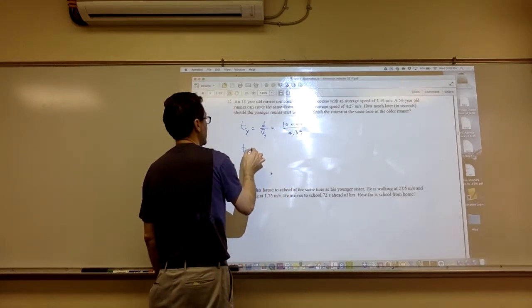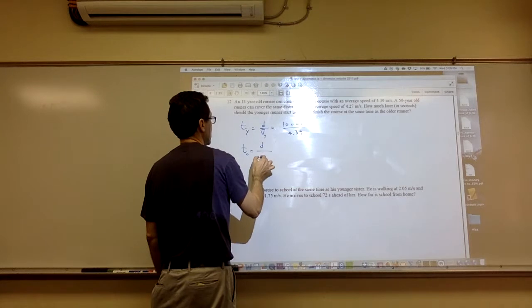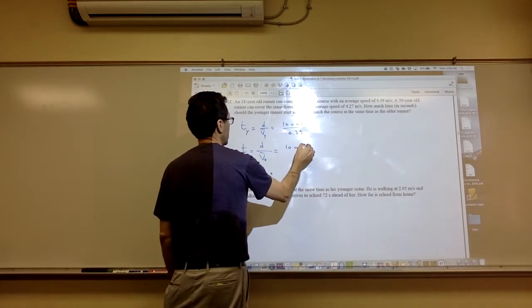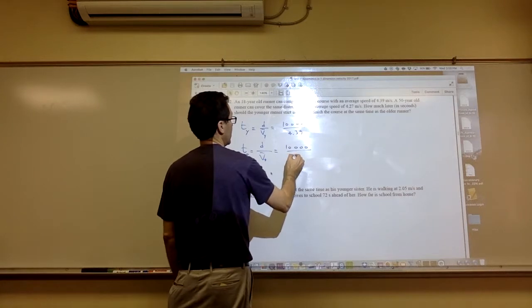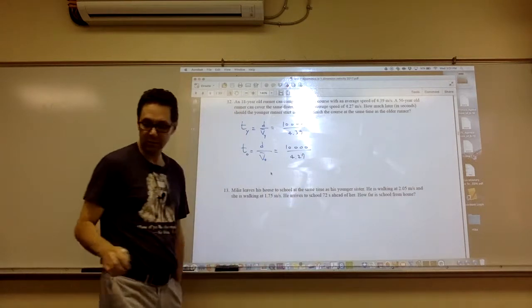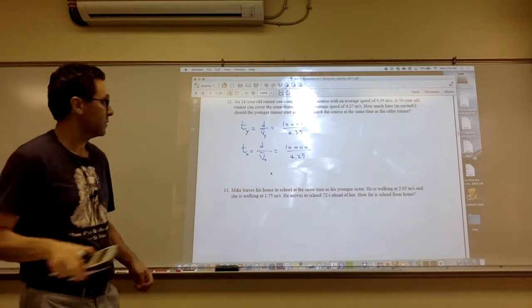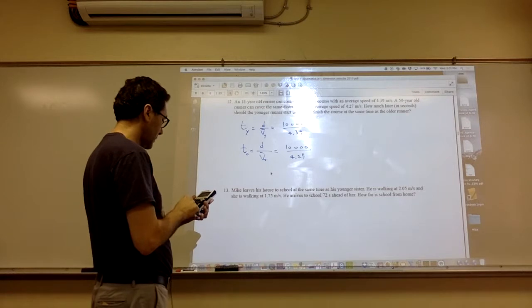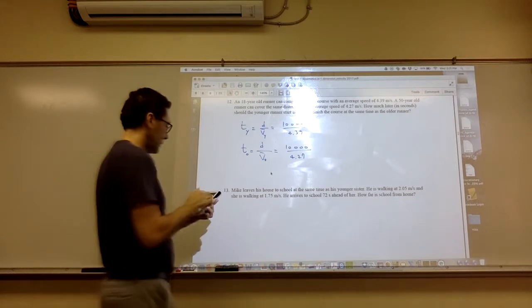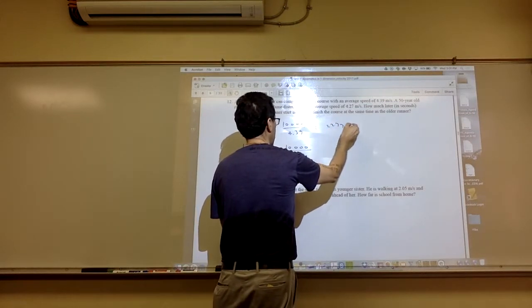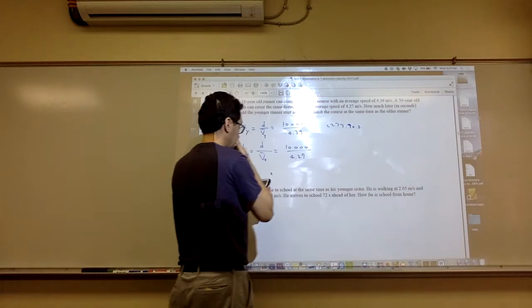T for the old person is going to be the distance divided by the velocity for the old person. So it's going to be 10,000 divided by 4.27. And find out what these numbers are, and you just subtract. 10,000 divided by 4.39, here I got 2277.90 seconds, because it's in meters per second.